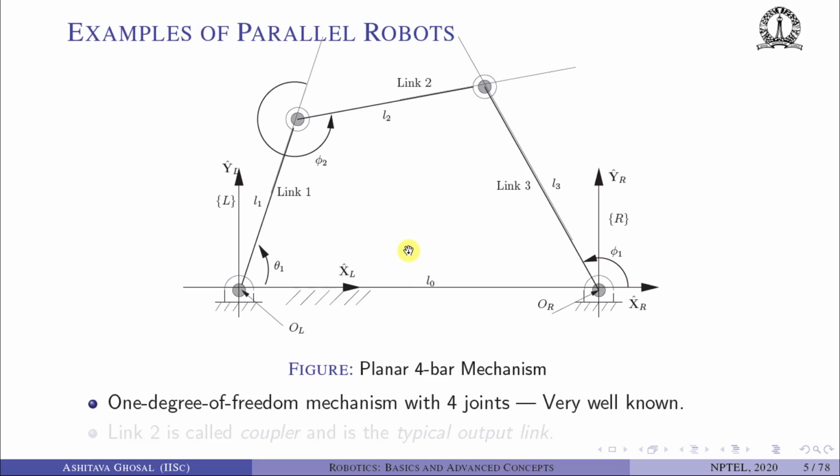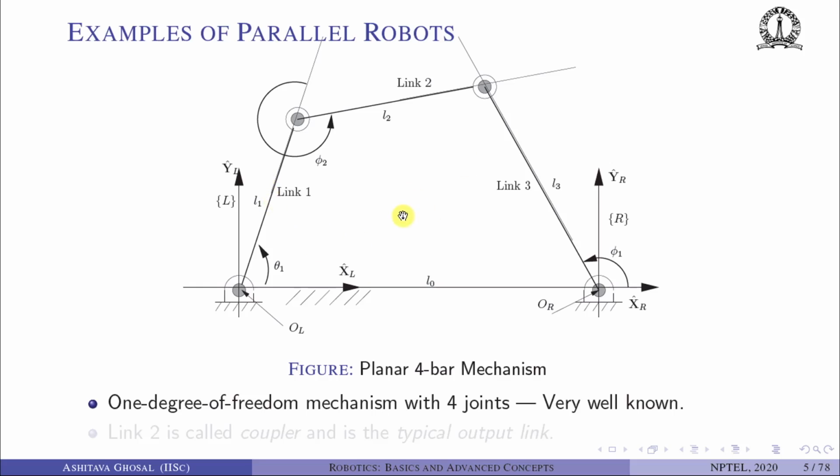Before we go into these problems and look at it in more detail, let's look at some simple examples of parallel robots. So the first is this 4-bar mechanism. This is a planar 4-bar mechanism. It is 1 degree of freedom, okay, and it is very well known.